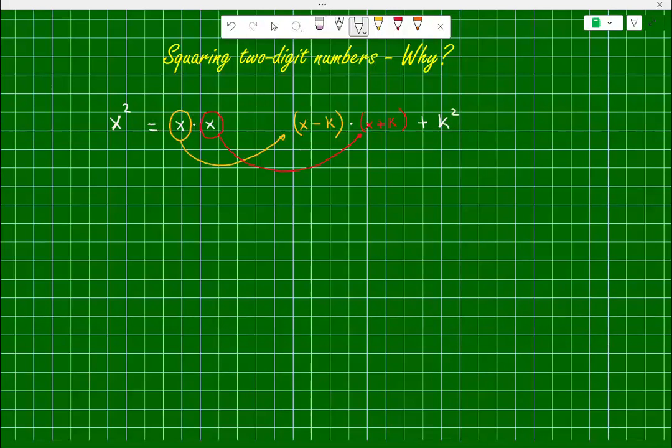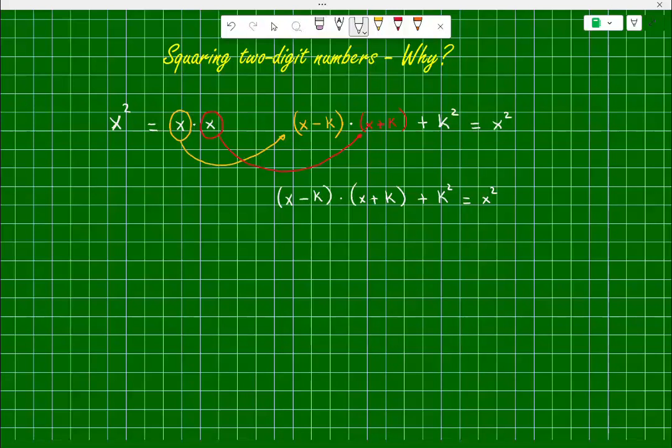And the method says that if I do that, it's going to give me the result that I wanted to calculate in the first place, which is x squared. Essentially, the reason why the method works is because of this equation: x minus k times x plus k, plus k squared, is equal to x squared. That's the reason why the method works.